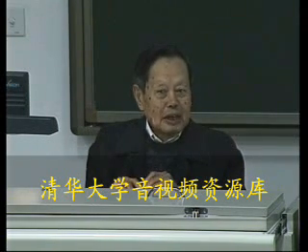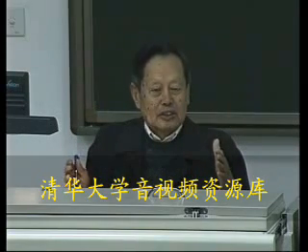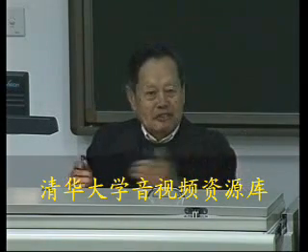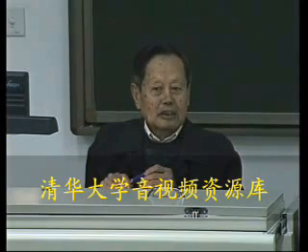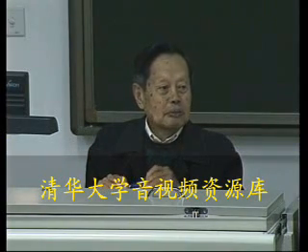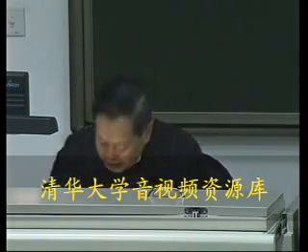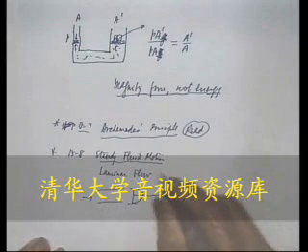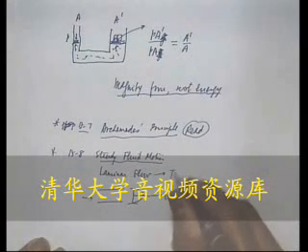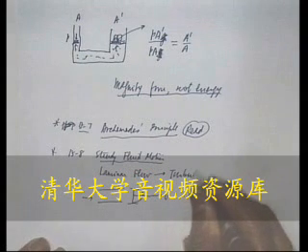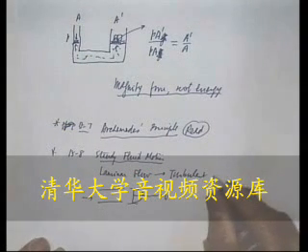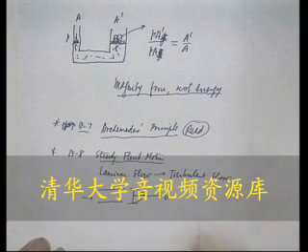However, if you now apply much larger pressure, then it will move faster and faster. And when it reaches a certain speed, it becomes turbulent. So you can go from a laminar flow to a turbulent flow.